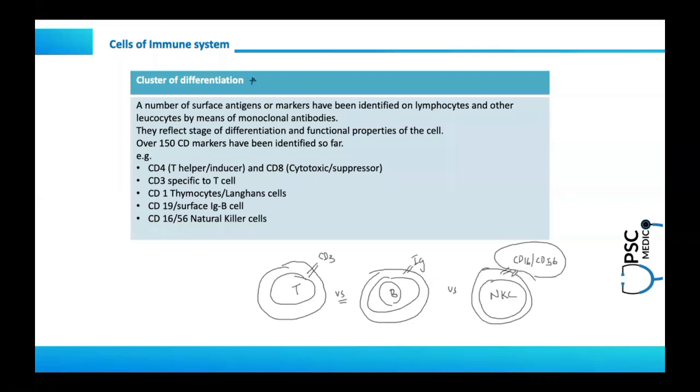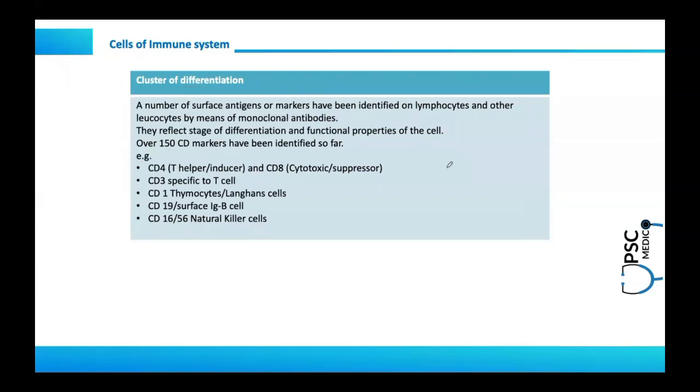When you want to identify which kind of cell is forming tumors, which kind of lymphocyte it is, these surface antigens or markers have been identified on these lymphocytes, and they reflect the stage of differentiation of the lymphocyte and also the functional properties of the cell.